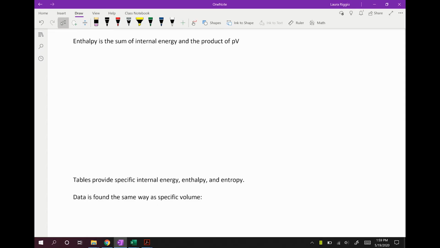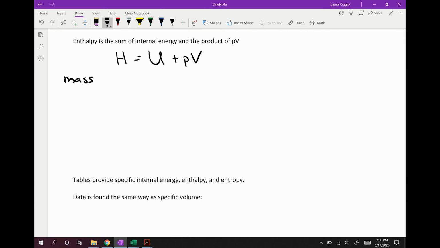In this lecture, we're going to introduce the concepts of enthalpy and continue working on how to retrieve these values from the tables. So enthalpy is the sum of internal energy and the product PV. So our enthalpy is our internal energy plus PV, which is flow work.